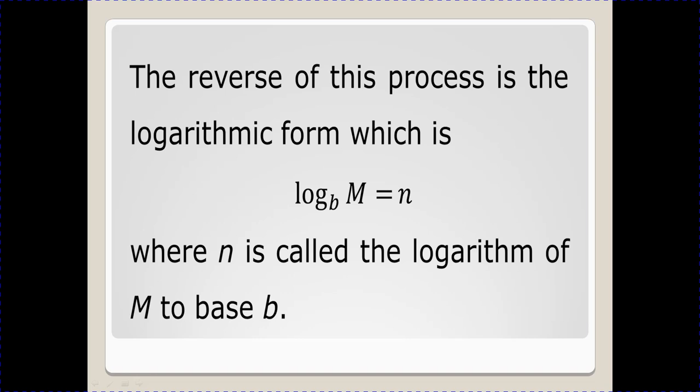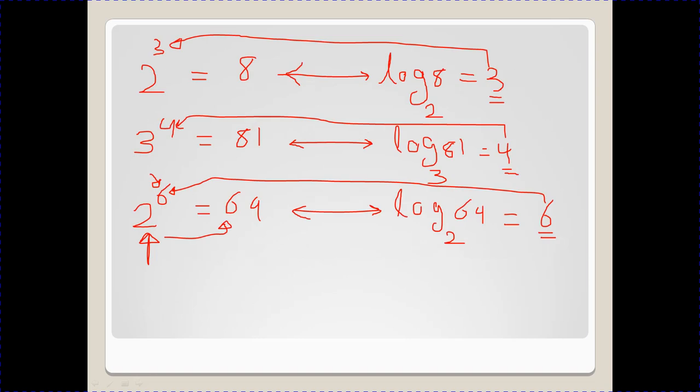Again, in the general case, if p to the power n equals m, this is exponential form. Now the equivalent logarithmic form: log equals the power. What is the power here? It is n. So log equals n.